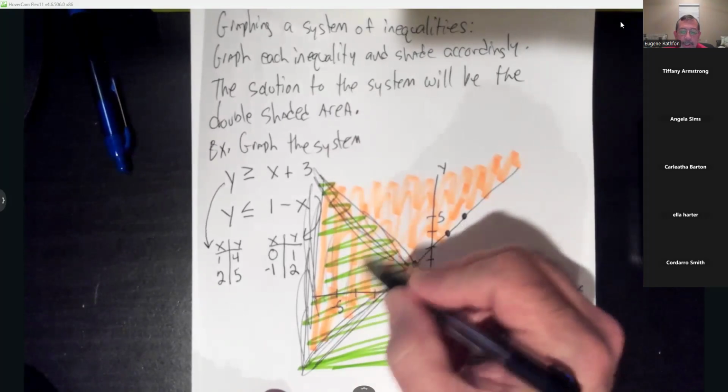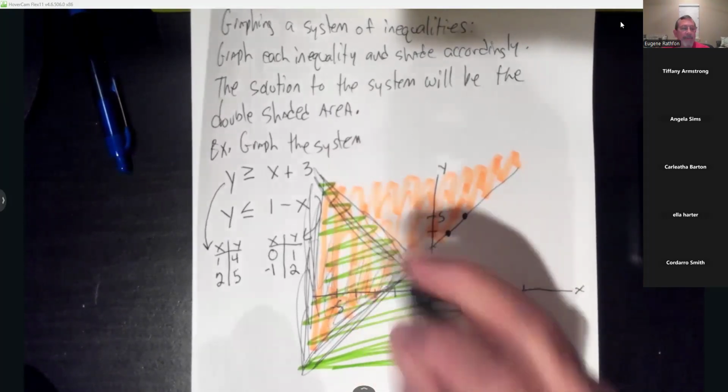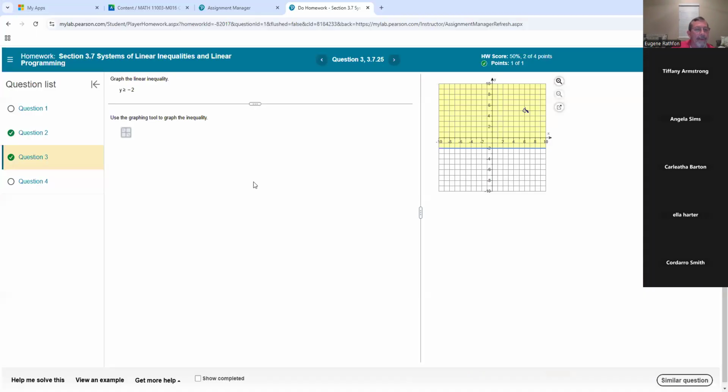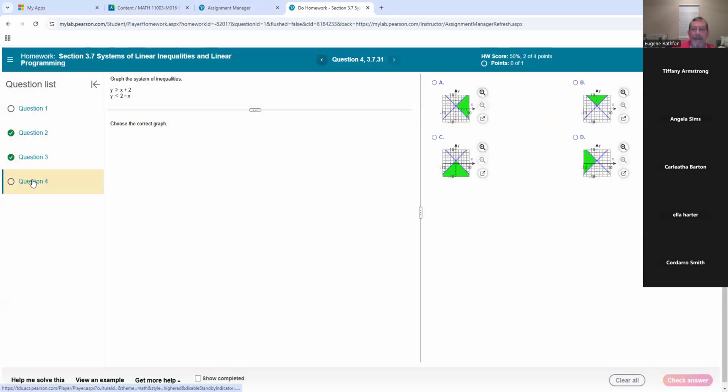This region's got the orange and the green in it, and it would be my solution. So y'all watch this. MathLab will have the picture on that one. So that one, y'all, I would choose D, okay? Because D is the only one that's got the left side shaded like mine was, okay?